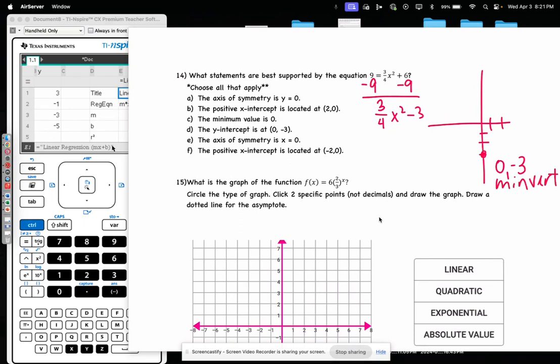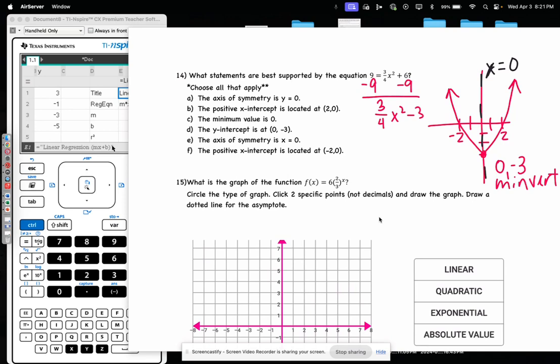And then I have a root at -2 and +2. And if we remember, our axis of symmetry is always an x equals equation because we're going through this x-axis. So this happens to be x equals 0 for my axis of symmetry.